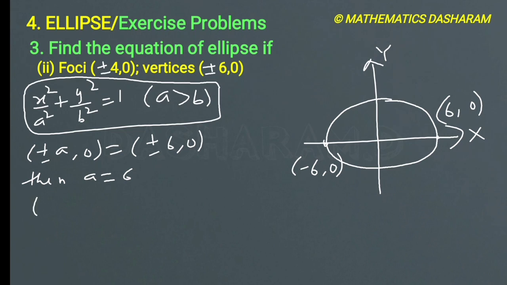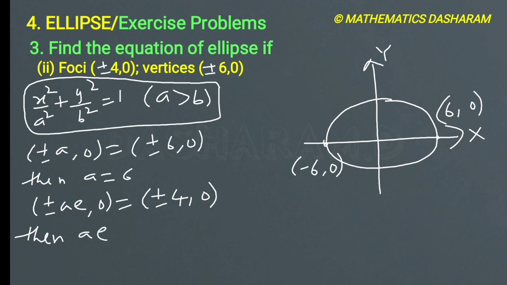Next, when a is greater than b, then the foci is plus or minus a e comma 0. Foci means focus. So plus or minus a e comma 0 equals, as per the question, the foci is plus or minus 4 comma 0. So then we can equate a e equals 4, but a value is 6. So substitute it.